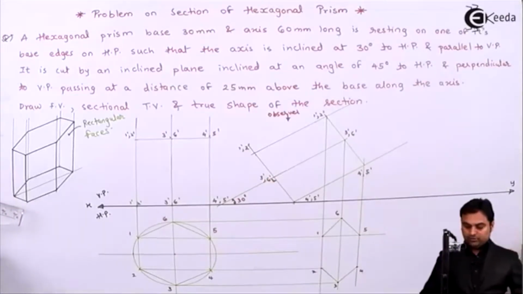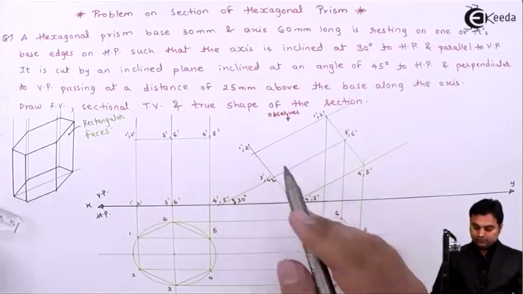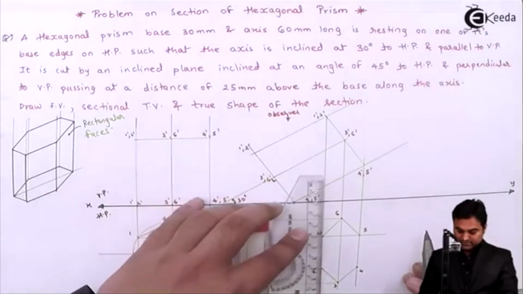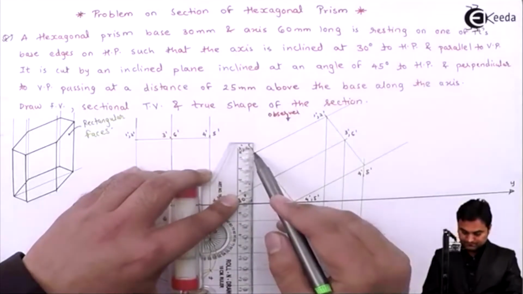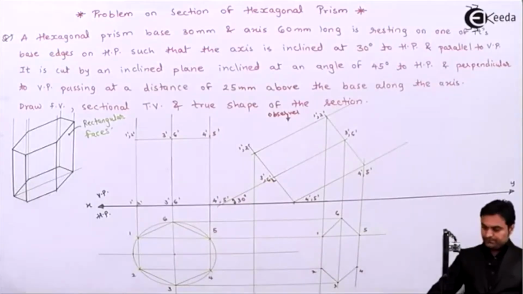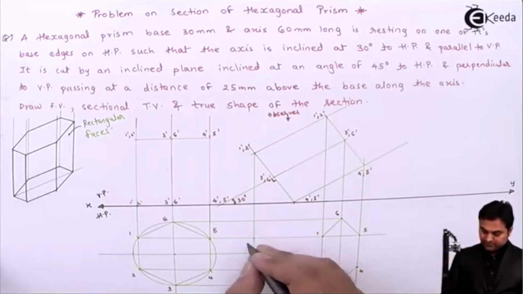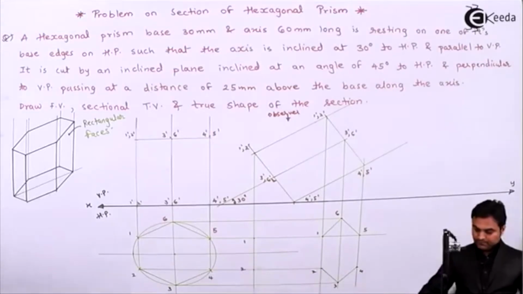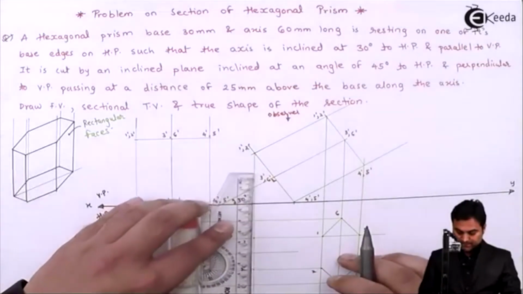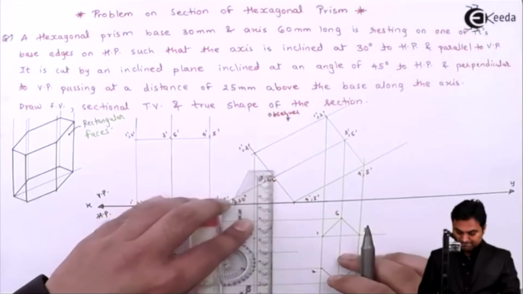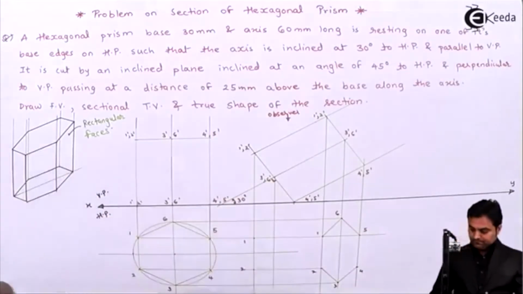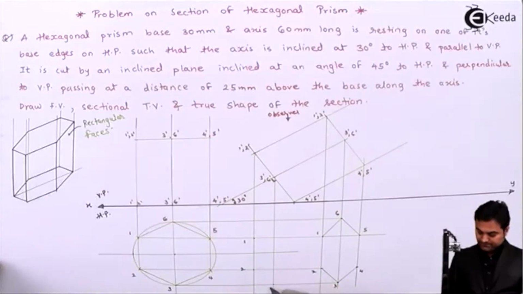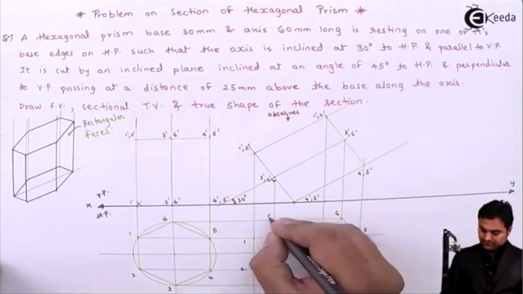Next, the bottom hexagonal base, again projecting 1 dash 2 dash, so here point 1 is at the same location, then similarly point 2. Next 3 dash 6 dash on the same level, so this is point 3, and here point 6.